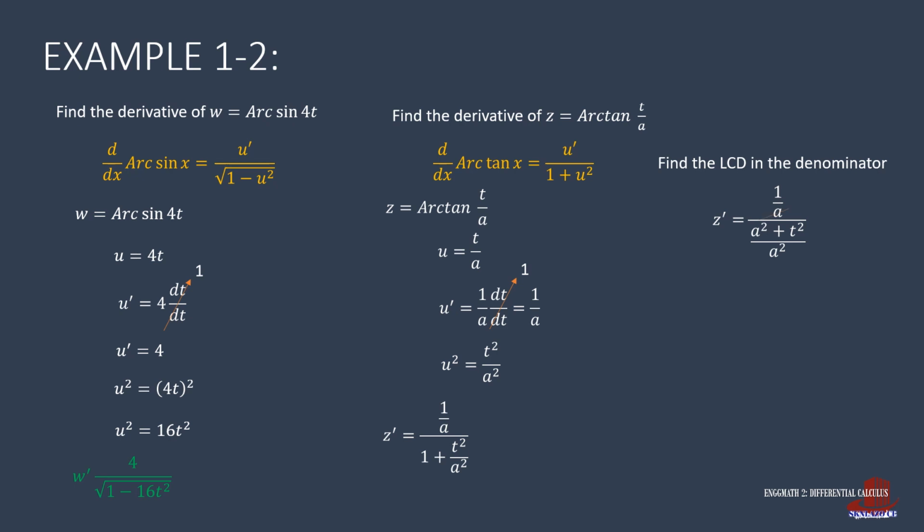From here, we can cancel some a's in the denominators, simplifying the equation into 1 all over the ratio of a squared plus t squared upon a. Flip the denominator a into the numerator to have z prime as a all over a squared plus t squared.